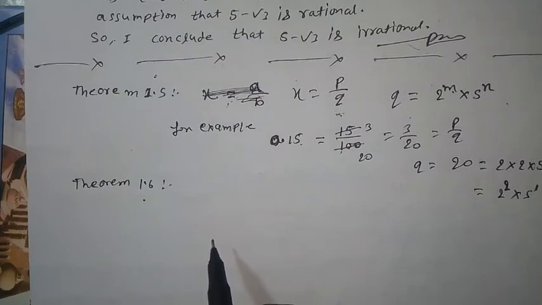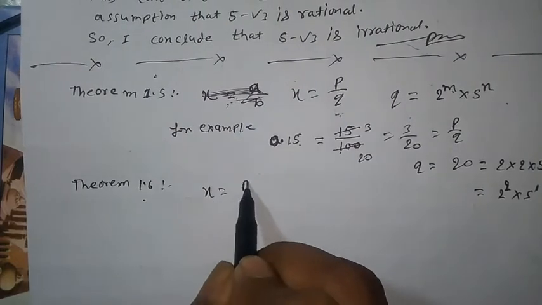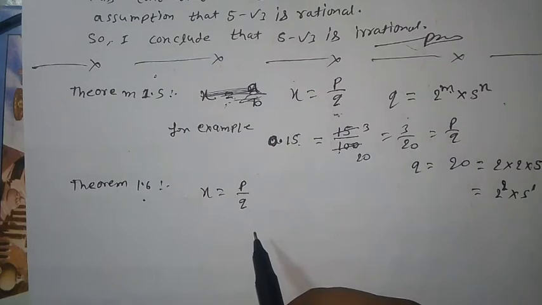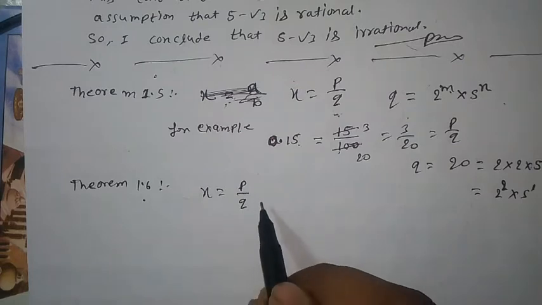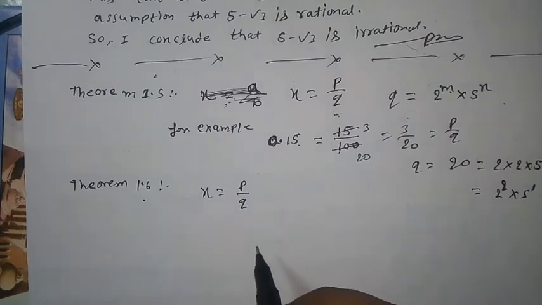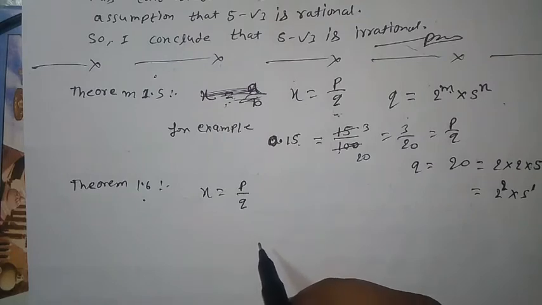According to this theorem, if x is equal to p by q, a rational number, such that the prime factorization of q is of the form 2 to the power m into 5 to the power n, where m and n are non-negative integers, that is whole numbers, then x has a decimal expression which terminates.